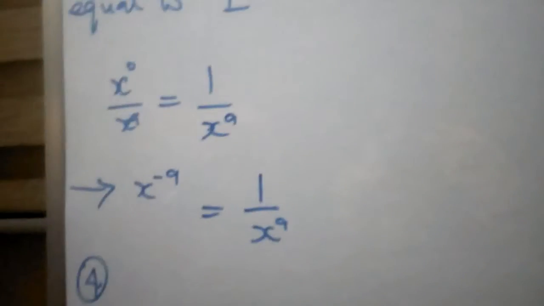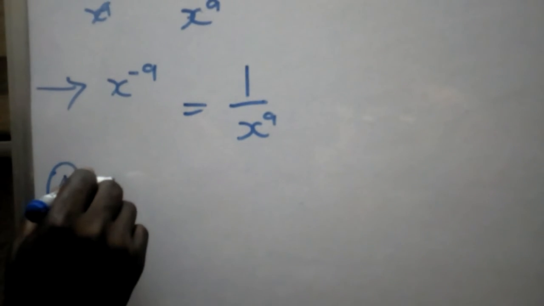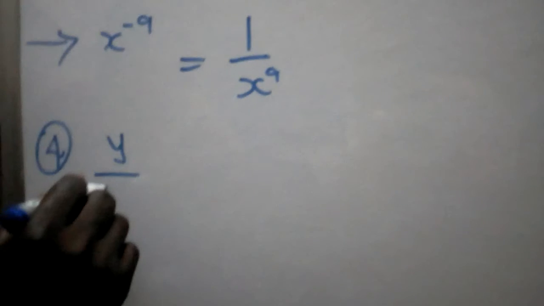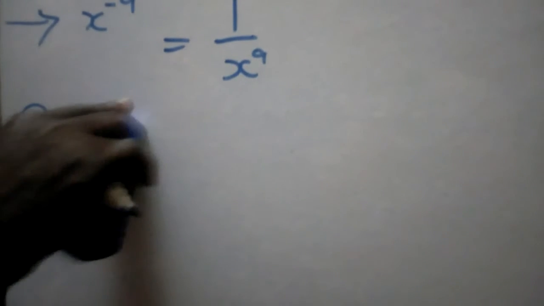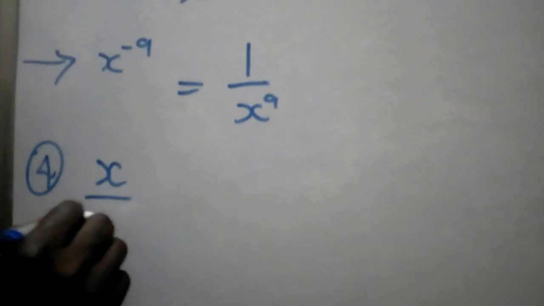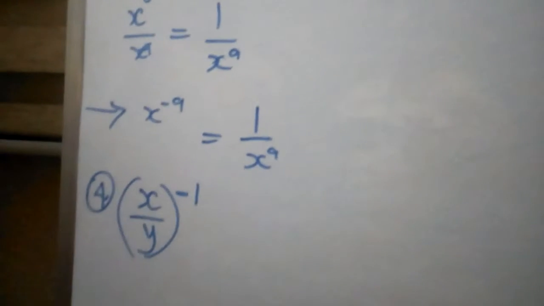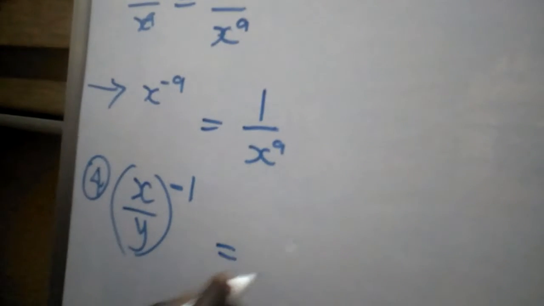Law number 4 states that x over y with an inverse index is the same thing as y over x.